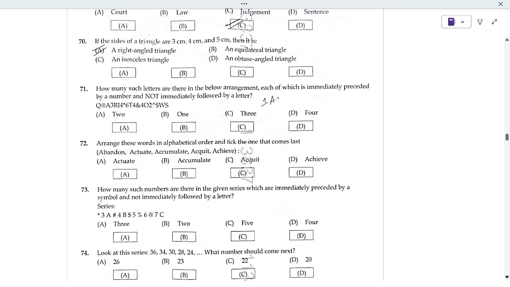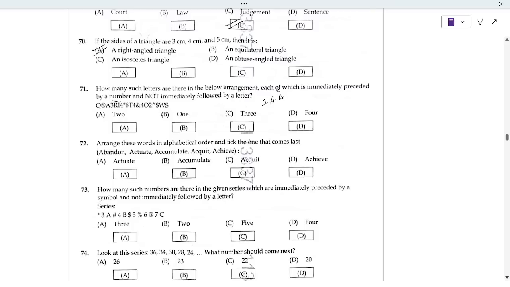That means a letter preceded by a number, and the next one can be a number or a symbol but not a letter. If it is number, letter, letter, then it is wrong. Number, letter, not a letter, that means right.